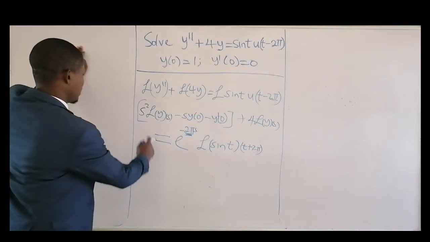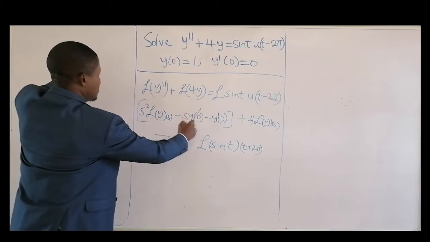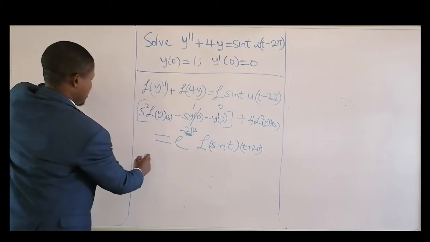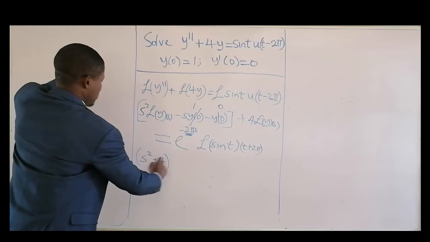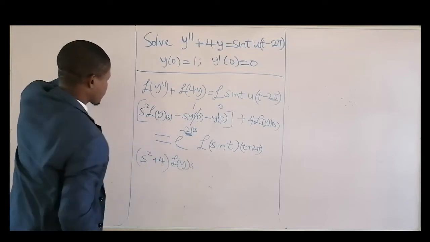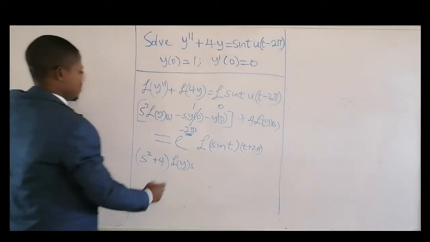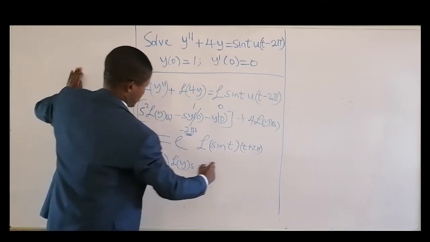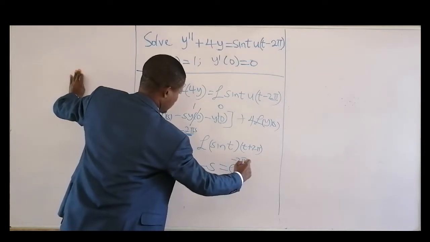Then y(0) is 1, y'(0) is 0. So we now have s squared plus 4 times Laplace of y of s, then minus s times 1, equal to e to the minus 2π s.